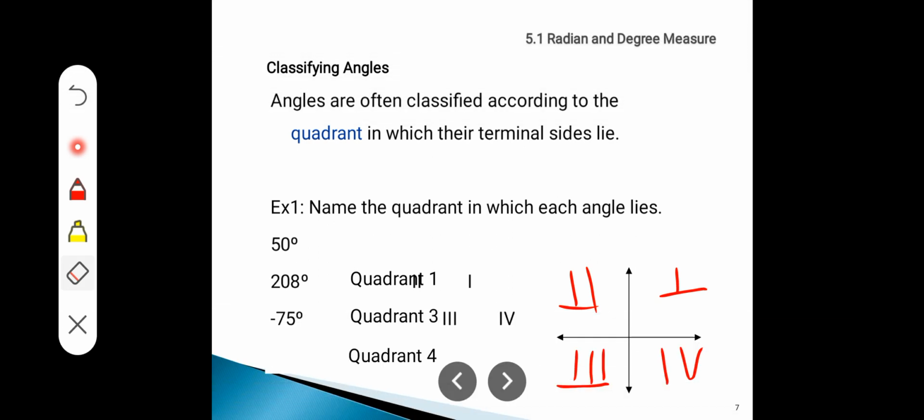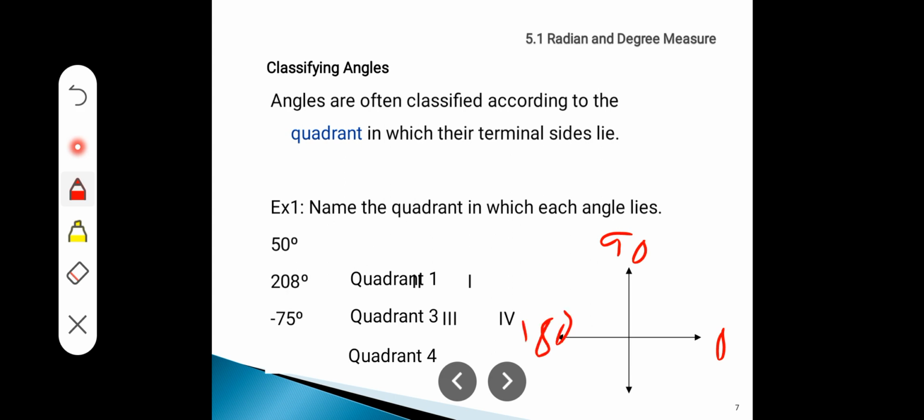So first, 50 degrees. First, 0, 90, 180, and 270. So 50 degrees is here, quadrant 1, and 208 degrees is in quadrant 3.